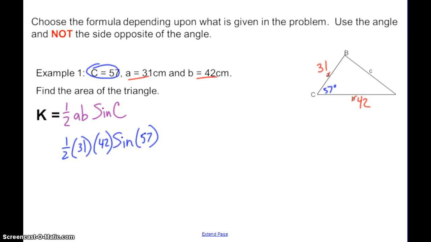And you can use your calculator again to just plug all that in. So 1/2 times 31 times 42 times sine 57 is going to give us 545.97. Okay?